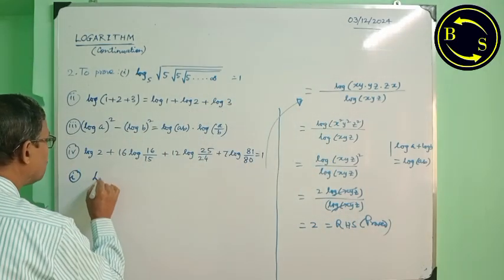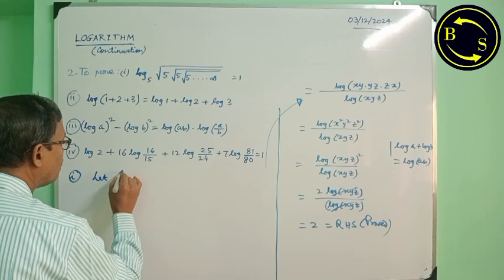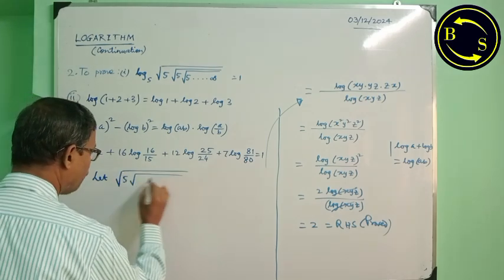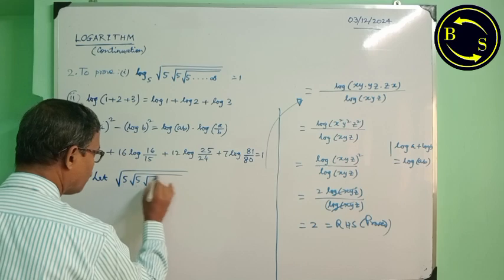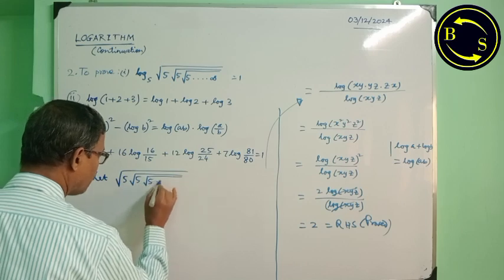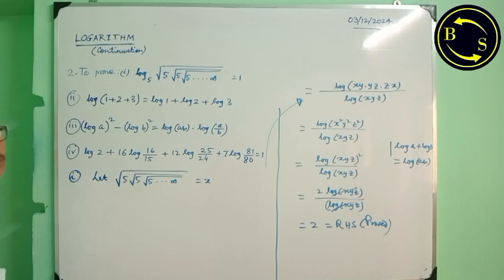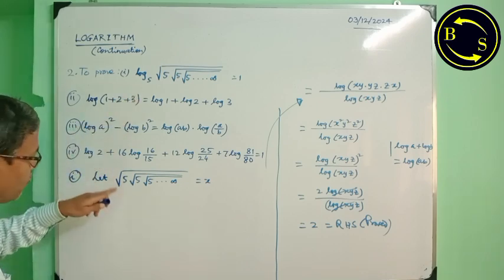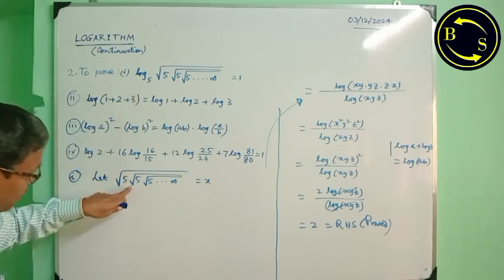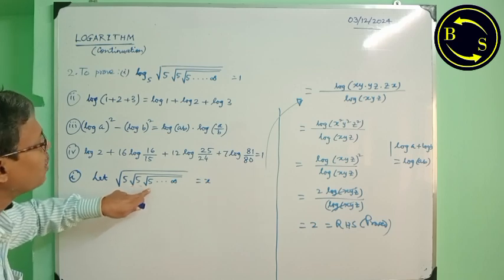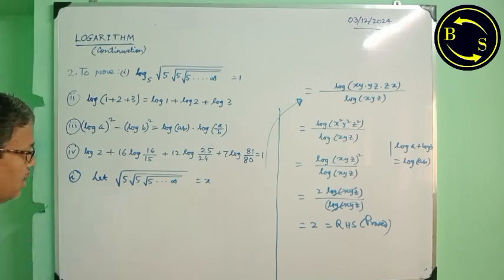Let us calculate the value of root 5 into root 5, again square root 5, to infinity.